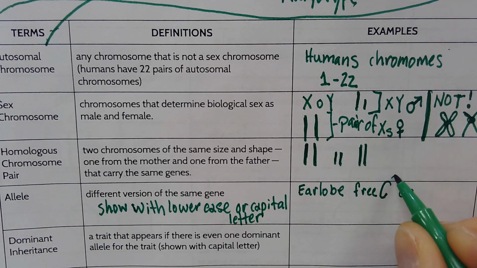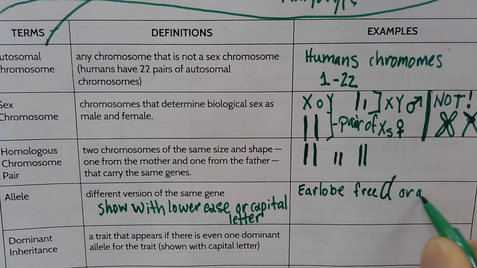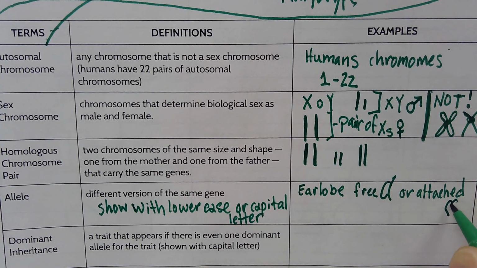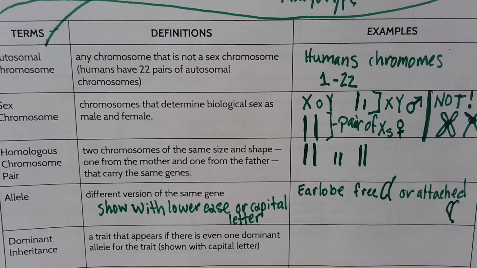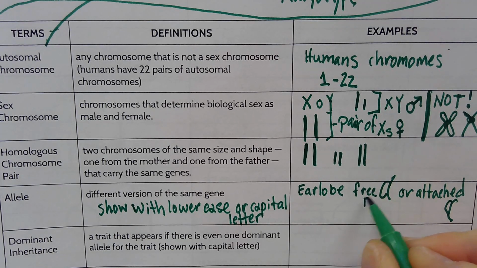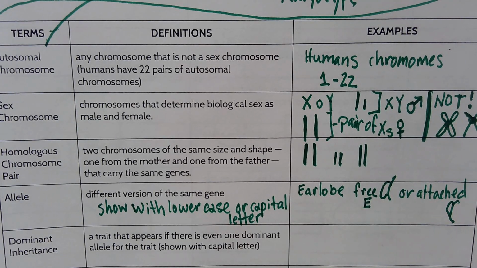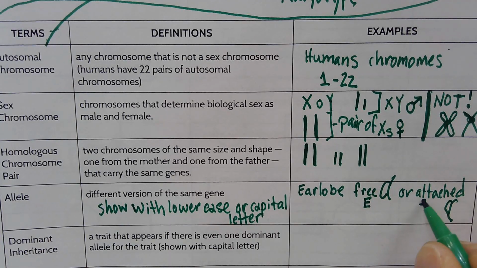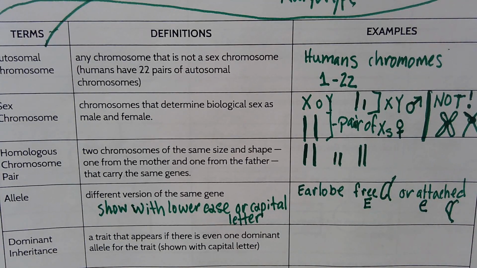You gotta draw the rest of the head, otherwise it's a weird C. And that's going to look like this on your head. And that we showed with the capital E or the lowercase e. And attached was the lowercase e.